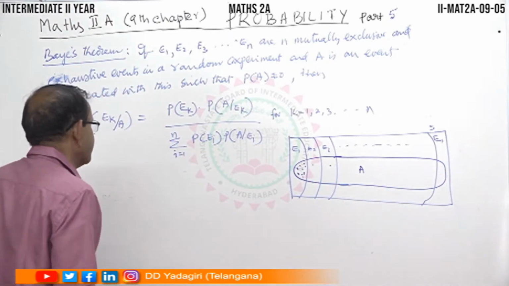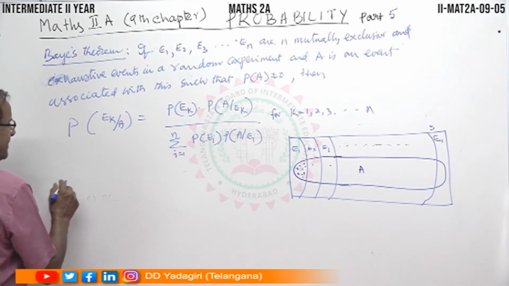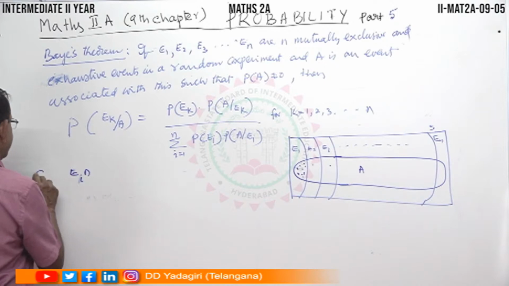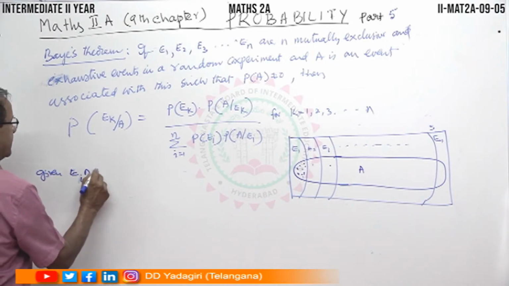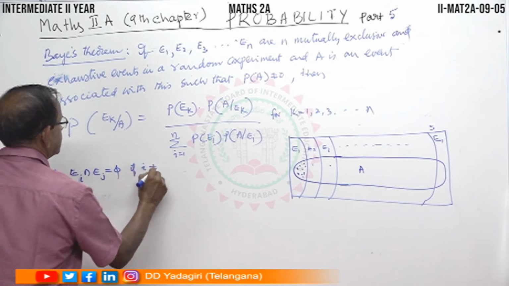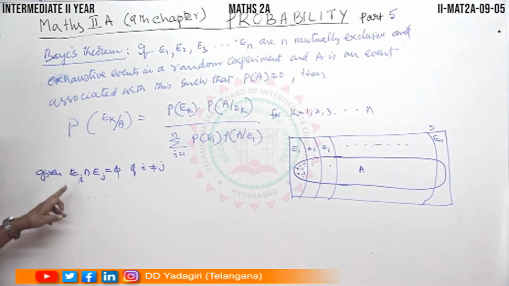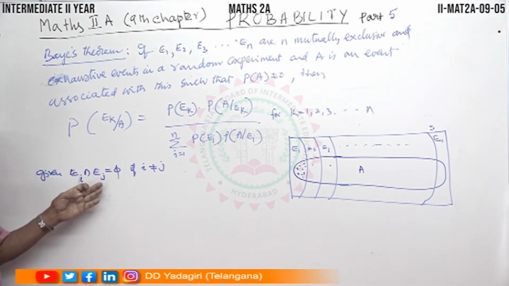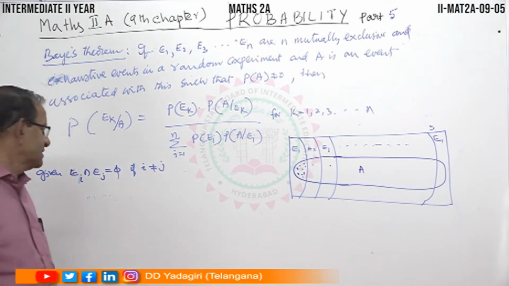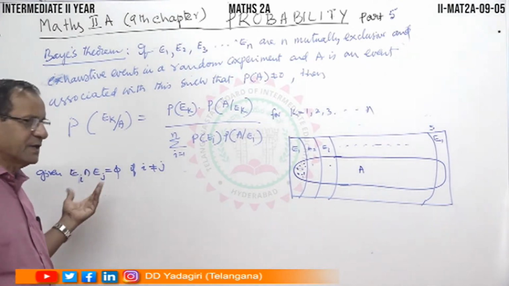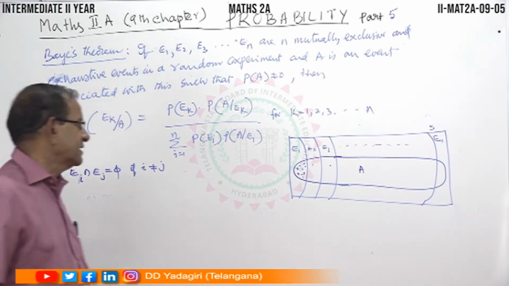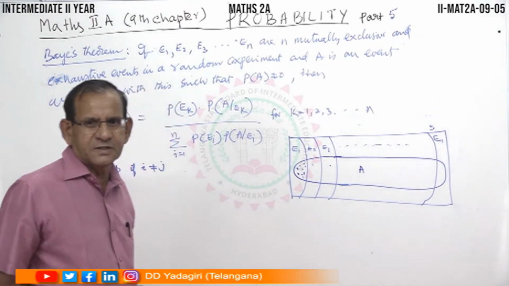Now Ei intersection Ej is the null set if i is not equal to j. What is the meaning of this? If i is not equal to j, it may be E1 and E2, no intersection. It is a null set. Similarly E2, E3, E4, E5, all are mutually exclusive. No common sample points are there for any two events.